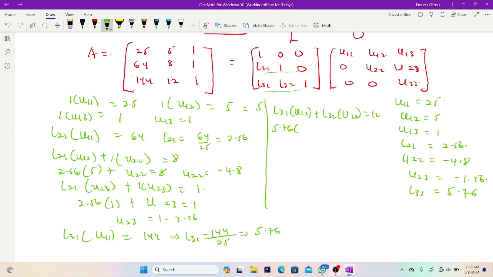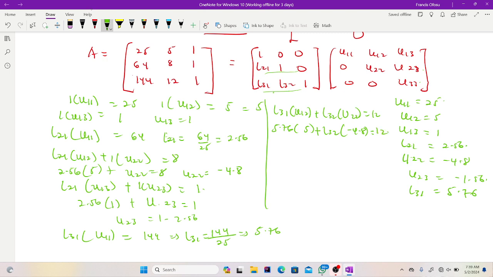U12 here is giving us 5, so I'll have plus L32. Do I know L32? No, you haven't found it yet. So L32 multiplying U22, and U22 is giving us negative 4.8.